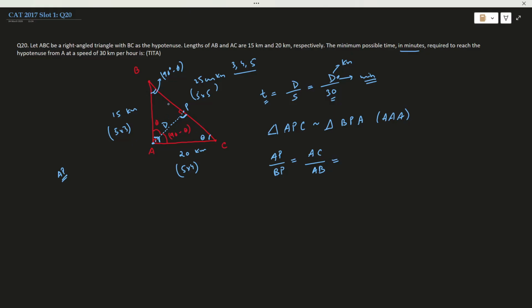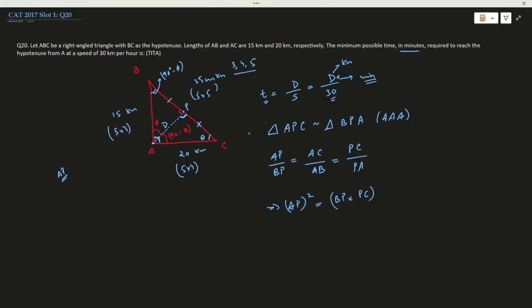The last side, I've used AP and AC, so I'll be left with PC. 90 degrees minus theta opposite is PC. So PC by PA. See, AP and PA are same. So from here I can say AP square is equal to BP into PC. BP is this length, PC is this length.